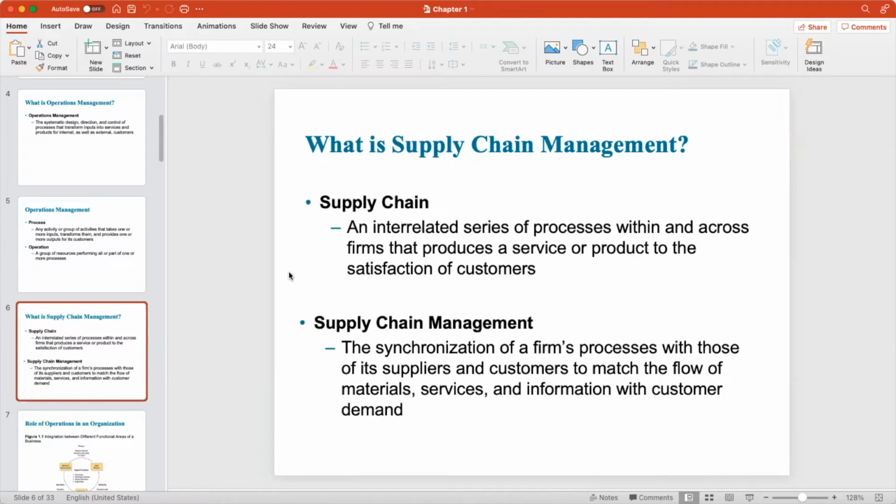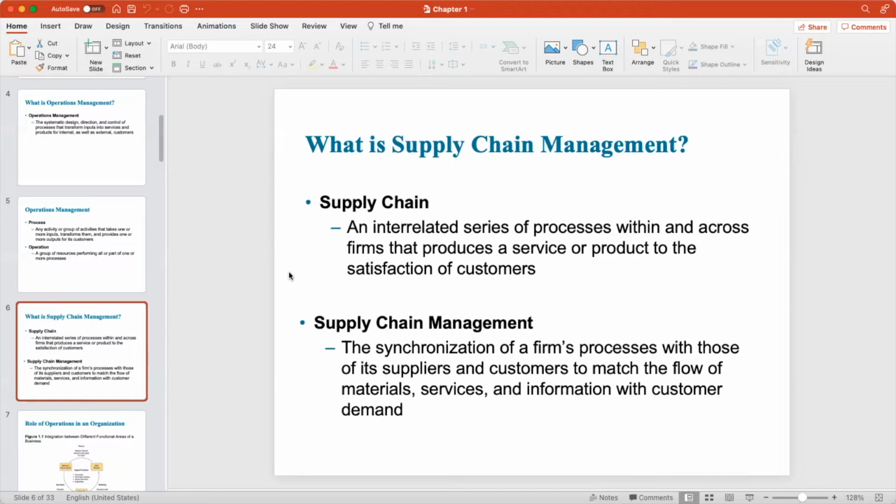So it's still trying to make the operation as efficient as possible, but it's more focused on improving the collaboration between supplier, firm and customer. Basically this is the external, or as we always say, the horizontal side. But operations management is more focused on the internal, or what we call the vertical side.